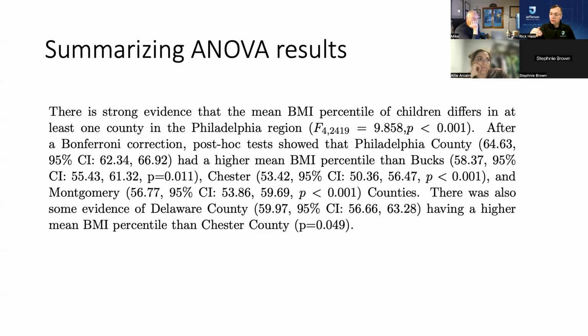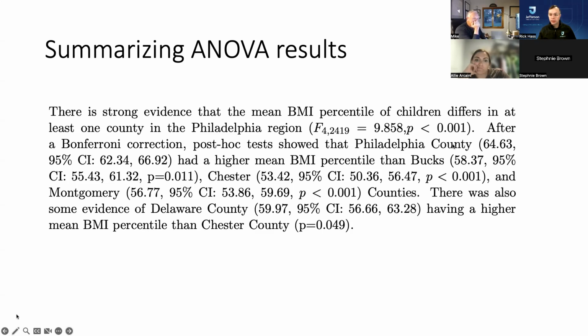We look through to see which ones have the small p-values, and we try to construct a sensible paragraph like this. What Dr. George did here, who wrote this, is he noticed that Philly tended to be significantly different than almost every other county. So you organize the sentence based on that.